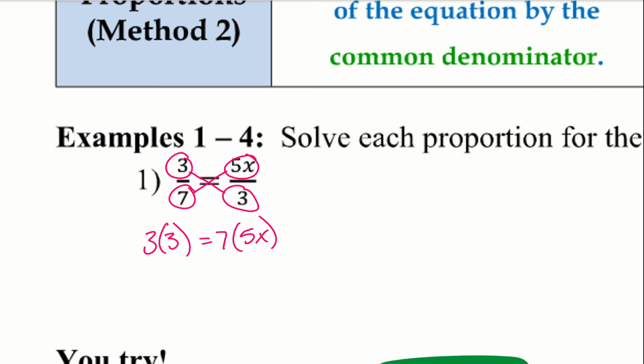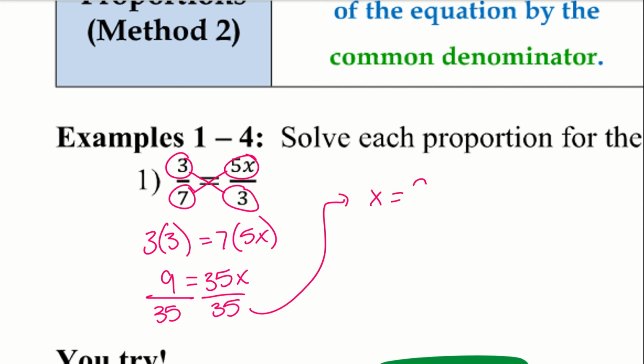And then from here, I just go ahead and solve for x. So I have 9 equals 35x. Go ahead and divide by 35 to get x equals 9 over 35. Of course, if you can simplify these at any point, then go ahead. I so far haven't been able to simplify either of the fractions I've created.